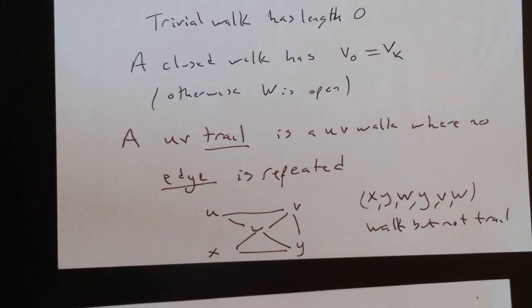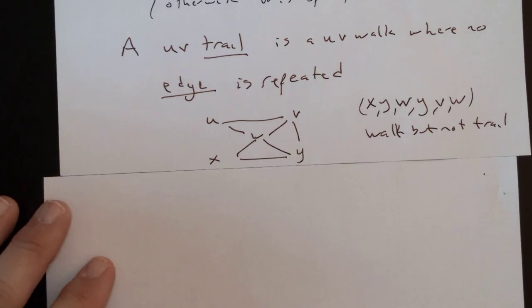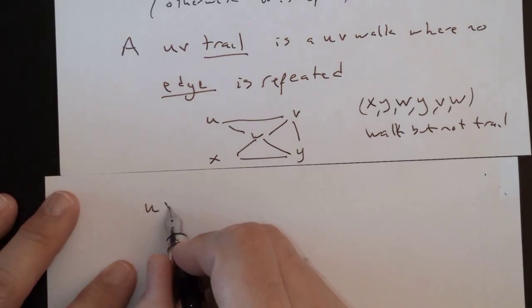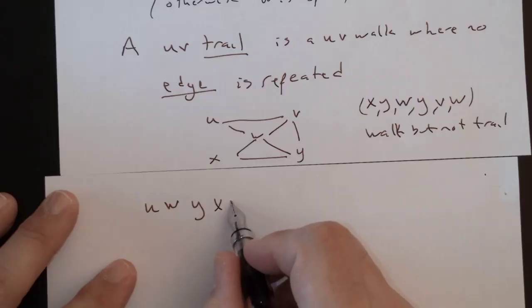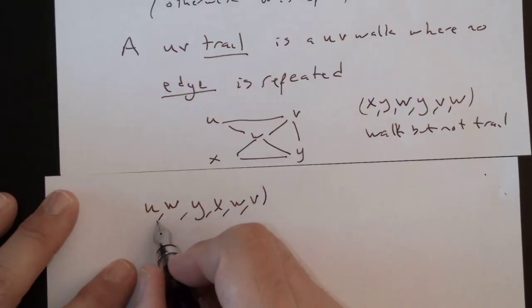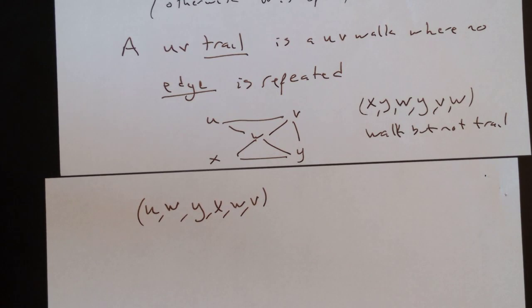On the other hand, here's another walk. From U to W to Y to X to W to V. 1, 2, 3, 4, 5.